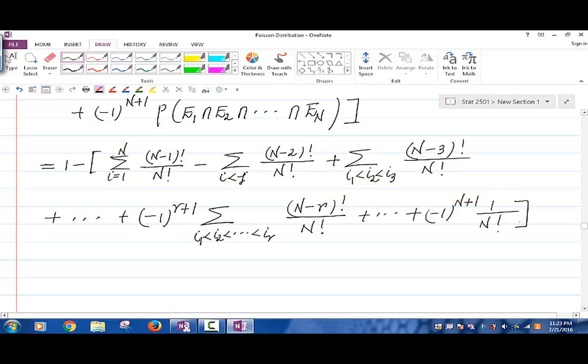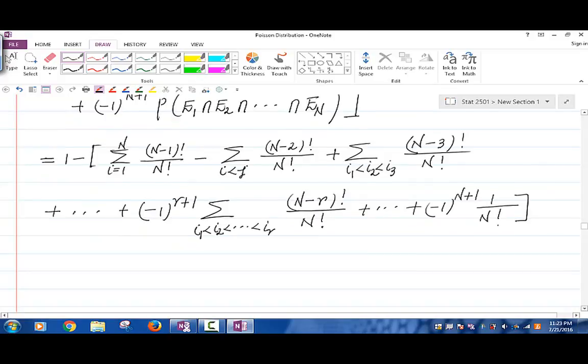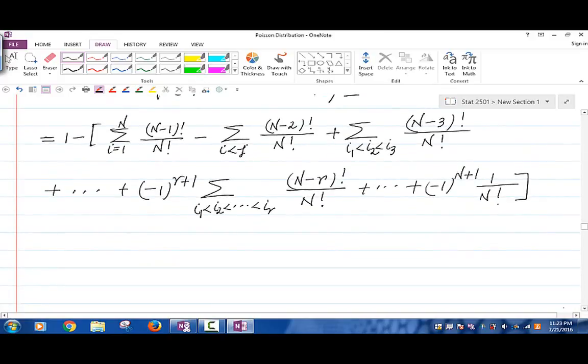Now at this point we need to do the following. If you look at the first sum, how many summands do I have in the first sum? We have N summands.